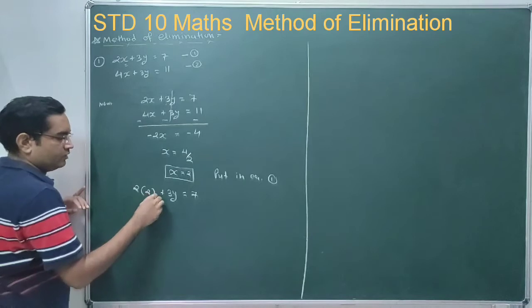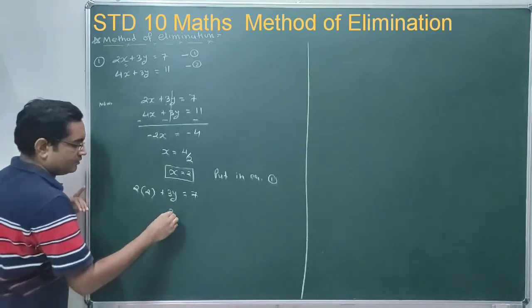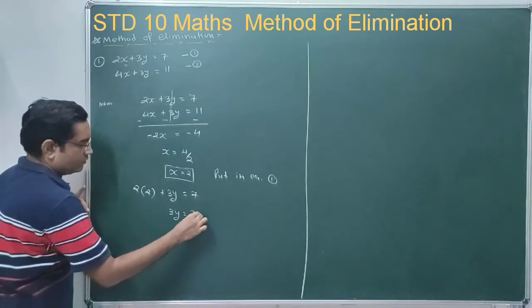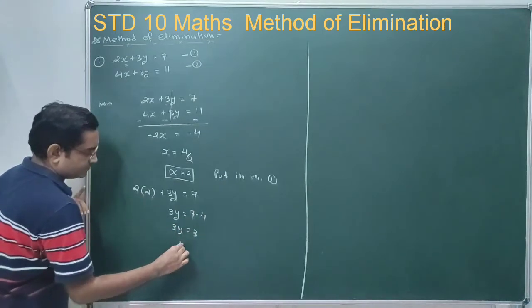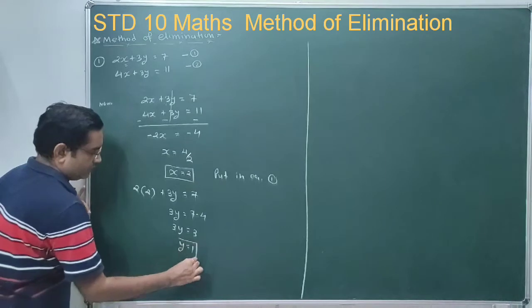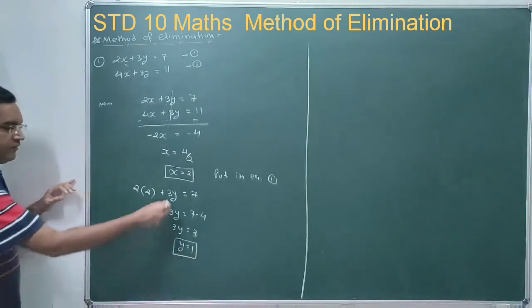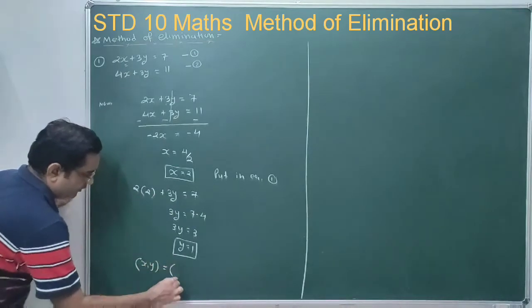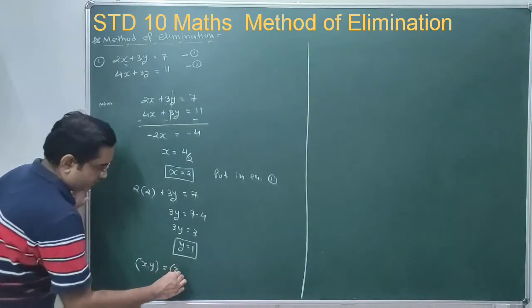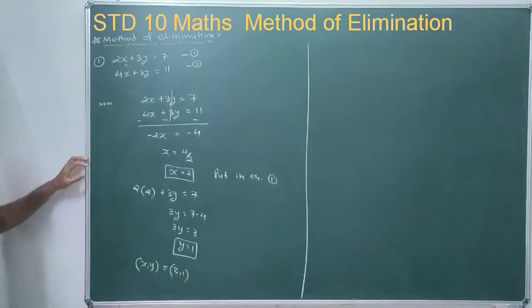This is 4. Taking this 4 to the right hand side, 3y equals 7 minus 4, so 3y equals 3, and y equals 1. So the solution of this pair of linear equations is 2, 1.